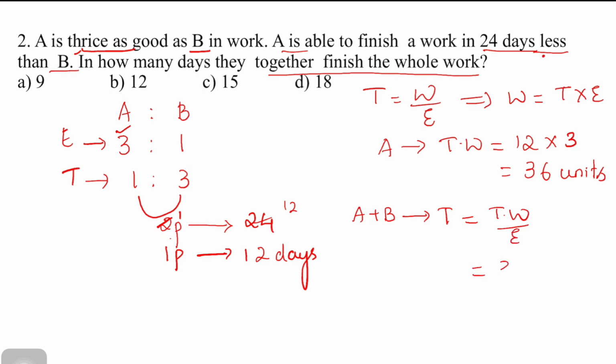The total work is 36 units, and the efficiency of both A and B is 3 plus 1, so it is 4. 4 9s are 36. So the total time taken by A and B together to complete the work is 9 days. Option A is the answer. Next question.